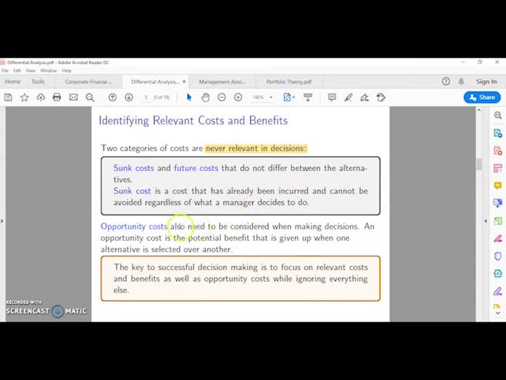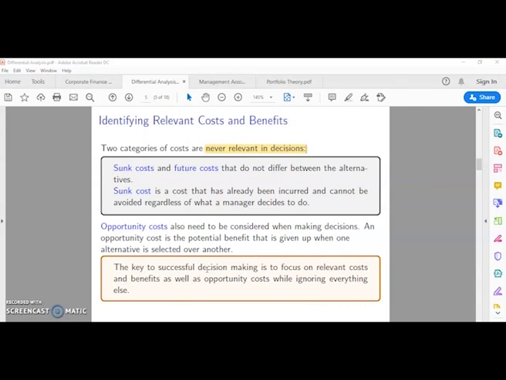But from the other side, we have opportunity costs, which need to be considered when we are making decisions. So we need to always remember that there are some opportunity costs, and we need to include them in our decision making process. An opportunity cost is the potential benefit that is given up when one alternative is selected over another. So, when do we have opportunity cost?